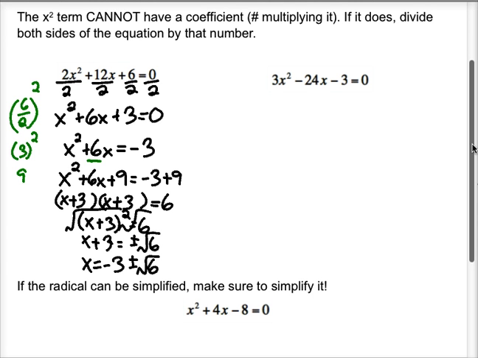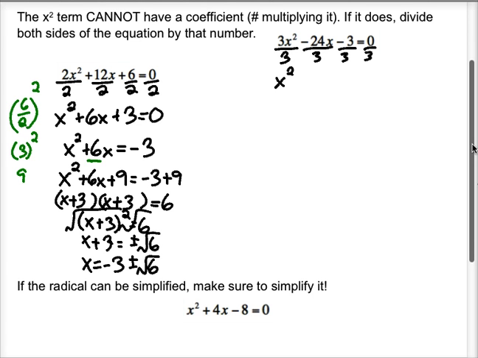All right, and again, I just want to make sure that you see a couple more examples just to make sure that this is really solidifying for you. So I'm going to move this up so I have a little bit more space. But here I see a 3 with my x squared. So I'm going to divide everything by 3.